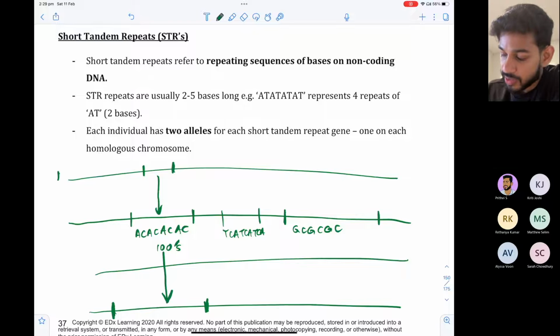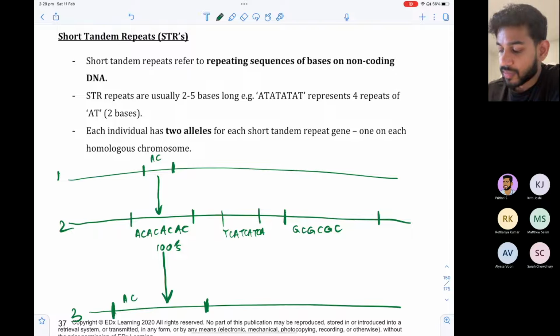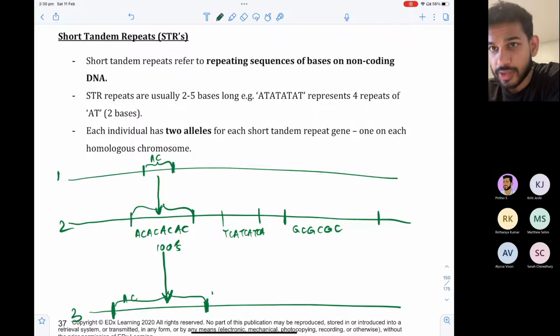So person 1, person 2, and person 3, this line, would all have repeating A's and C's from this point to this point in their DNA. For this person it would be this big, for this person this big, for this person this big. What this is telling you is that everyone has the same random repeats, but everyone has a different number of repeats.